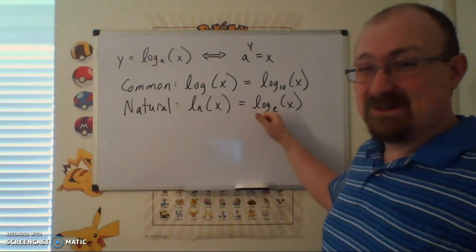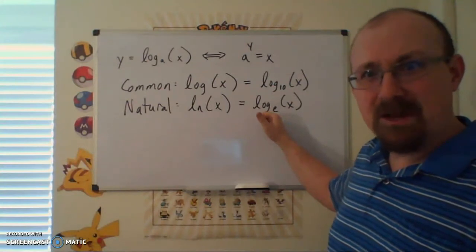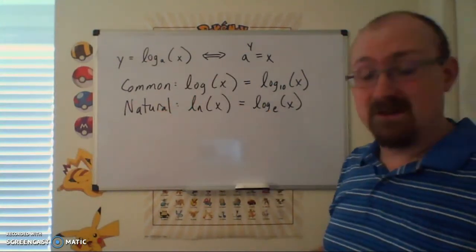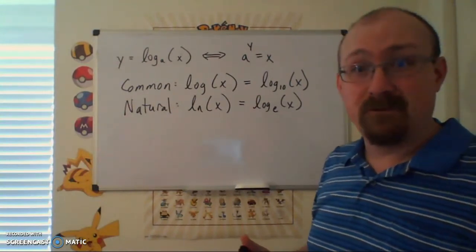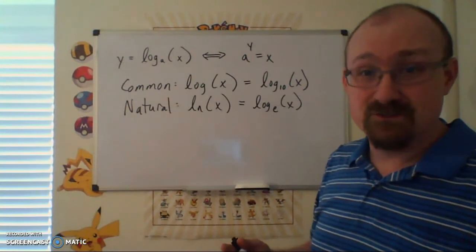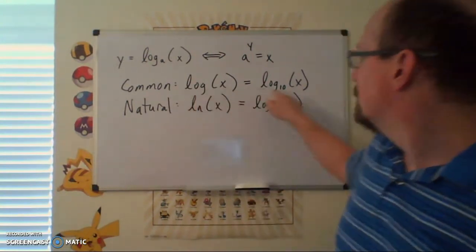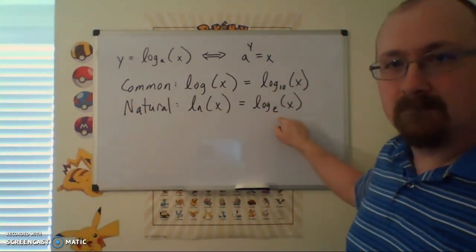Now, I wish I had more time to get into why we would call something that possibly unnatural feeling to you the natural logarithm. To somebody who's been surrounded in mathematics as long as I have, it really does feel natural. If you want to do some independent research, I encourage you to do so. But for now, we're just going to have to accept it. Log base 10, ln base e. All right? All right.